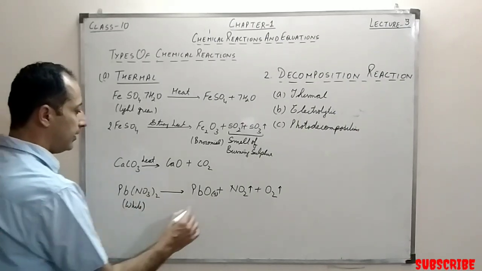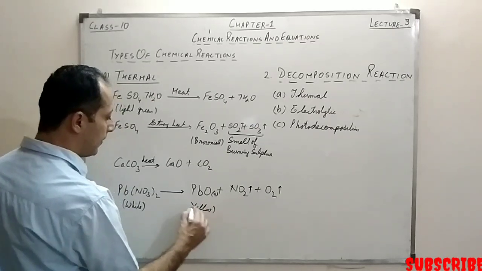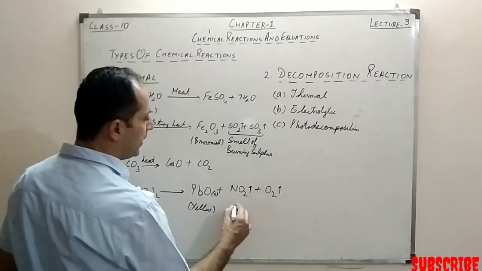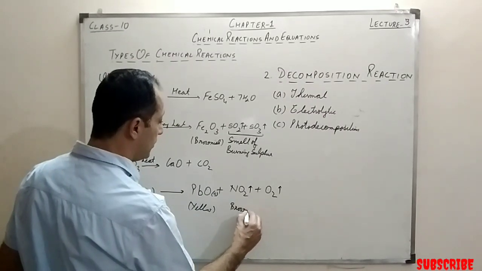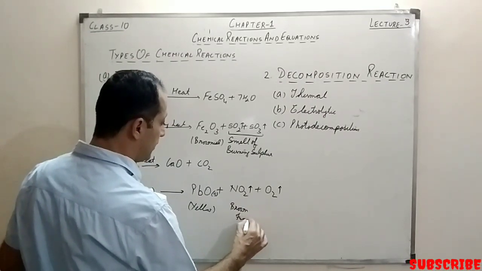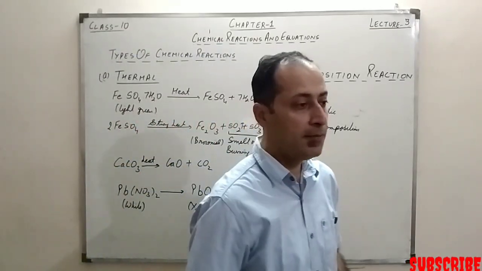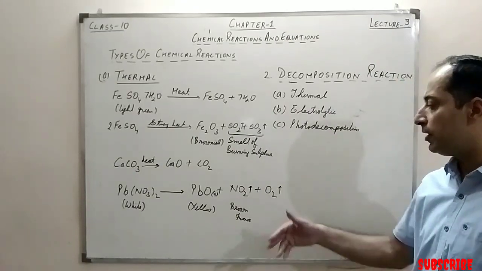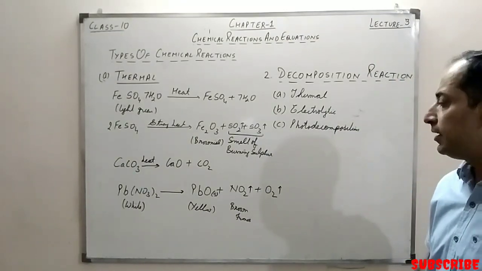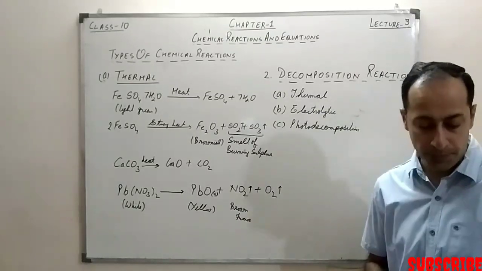The thing which is left is of yellow color, and this nitrogen dioxide comes out in the form of brown fumes. So we can come to know that the gas being produced is nitrogen dioxide, because it produces brown fumes, right?